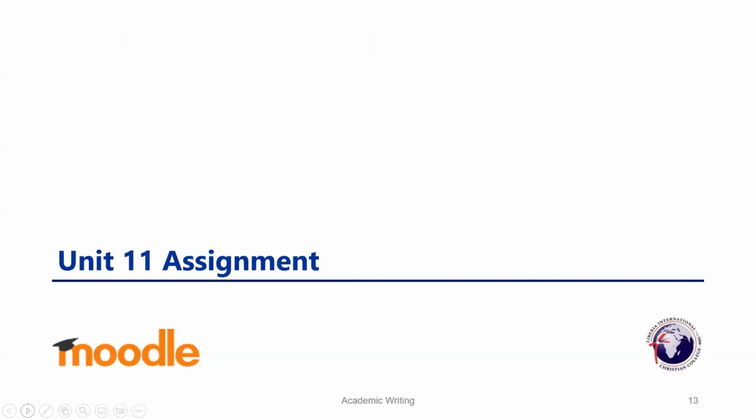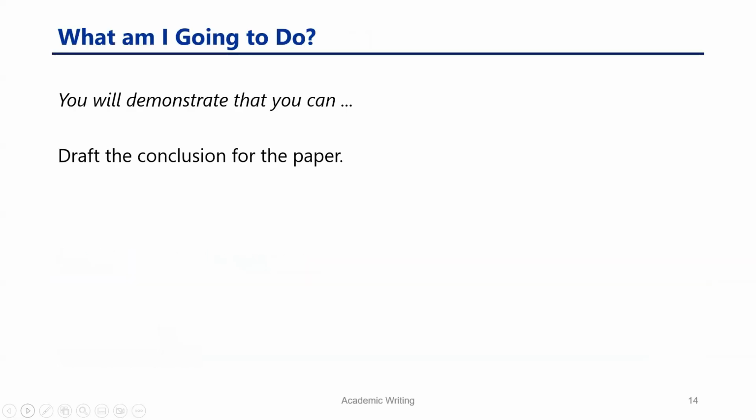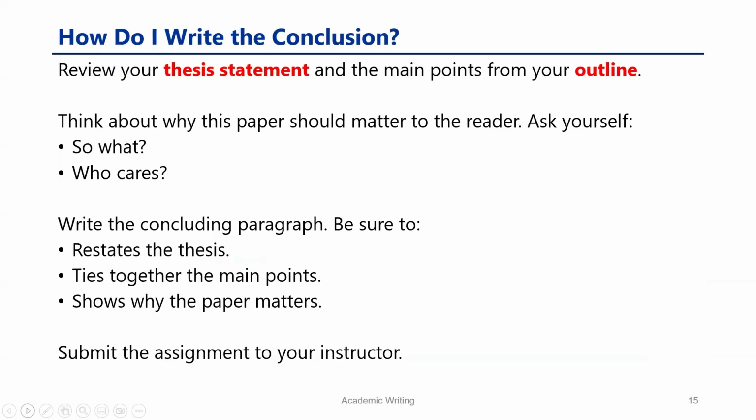Okay, let's look at the assignment. You can demonstrate that you can draft the conclusion for the paper. So how do you write the conclusion? Take a moment to review your thesis statement and the main points from your outline. Think about why this paper should matter to the reader.